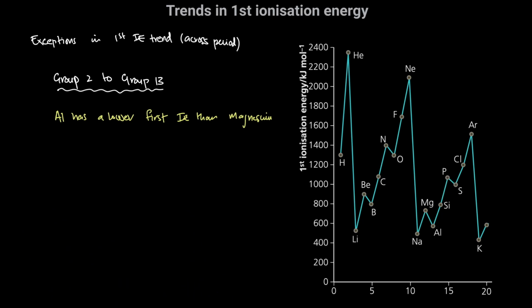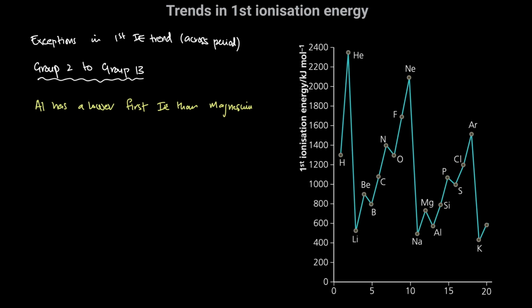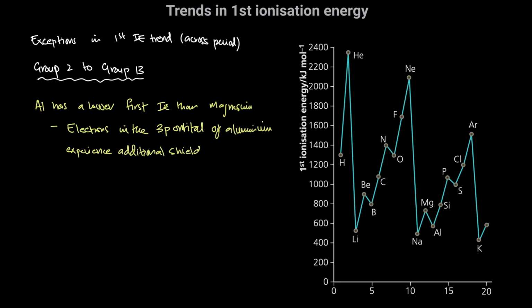So what we can say here is that the reason we see this decrease in the first ionization energy from magnesium to aluminum is because the electrons in the 3p orbital of aluminum experience additional shielding from the electrons in the 3s orbital.